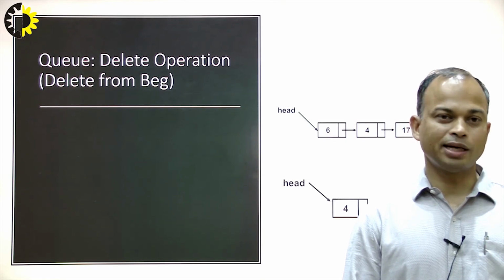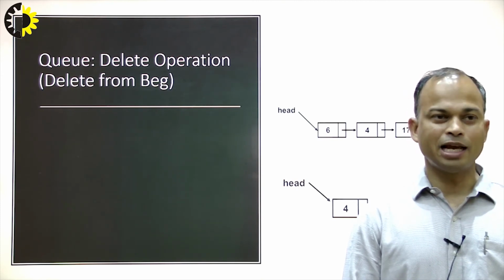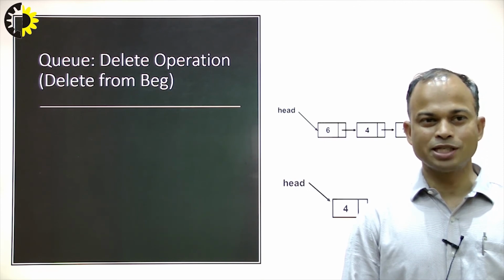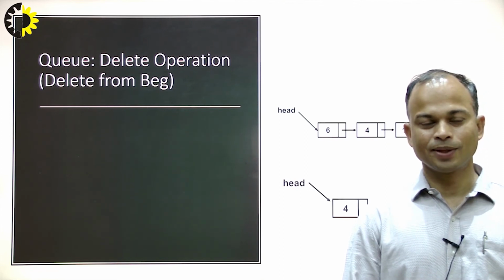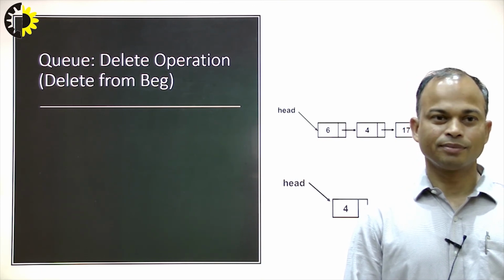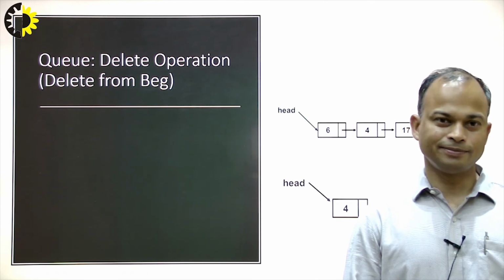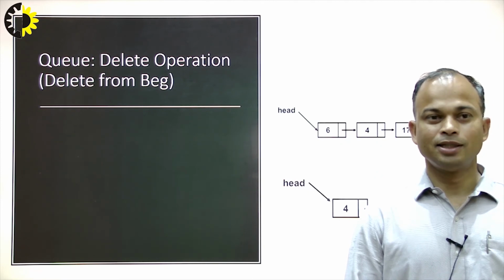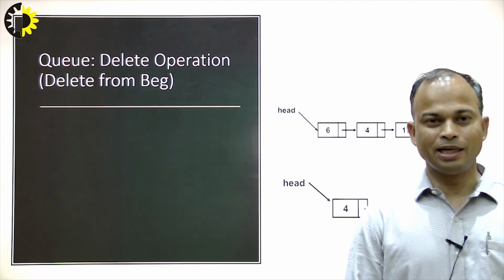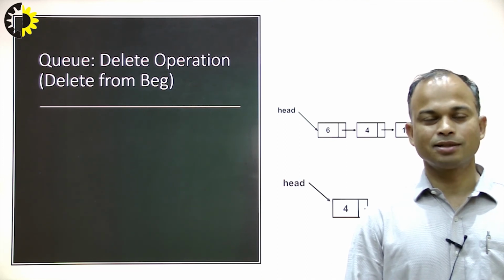For the insert operation, we need to perform insert at end, and for the delete operation from the queue, this is delete from beginning. So we may choose two pointers, front and rear, and the insert part is at the end of the linked list, the last node. We may choose rear.